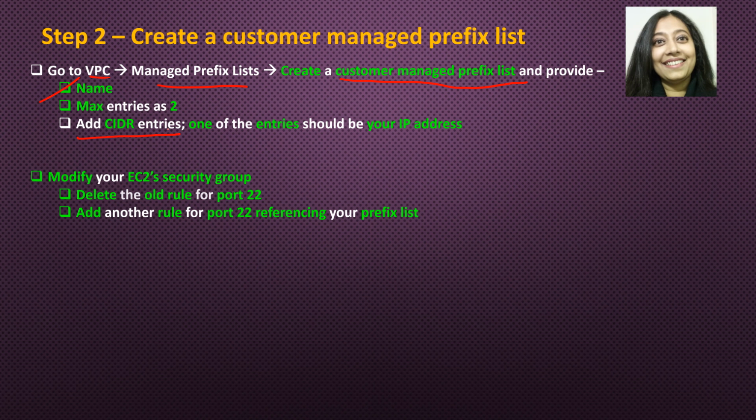Remember that one of the entries should be your IP address, either IPv4 or IPv6, whatever you want to choose, because that's a must for this lab. So if you don't know your IP address, go to Google and type in my IP address and it will tell you what your IP address is.